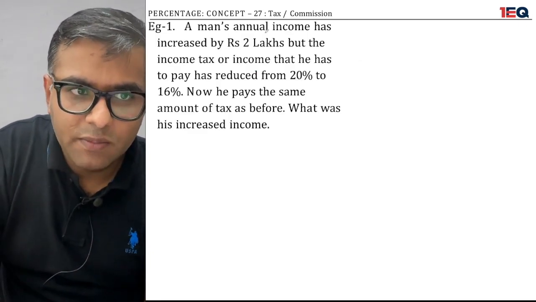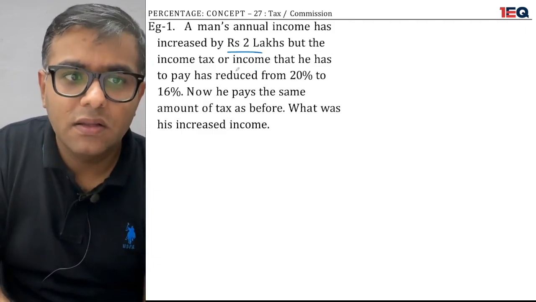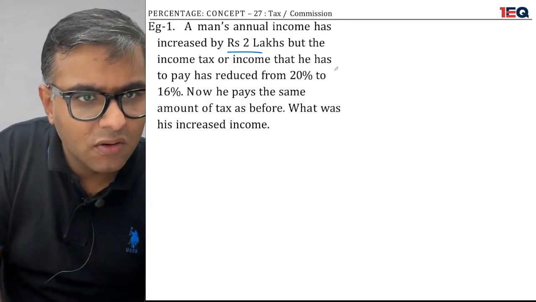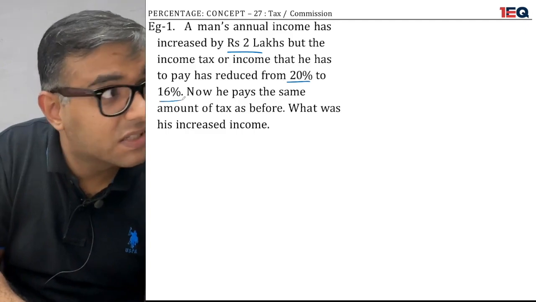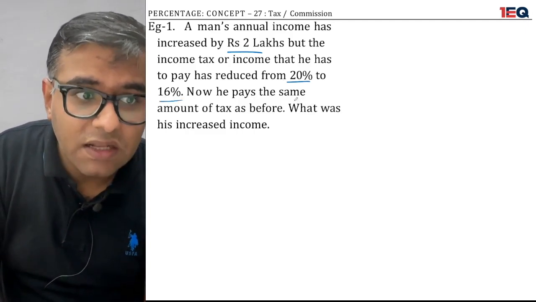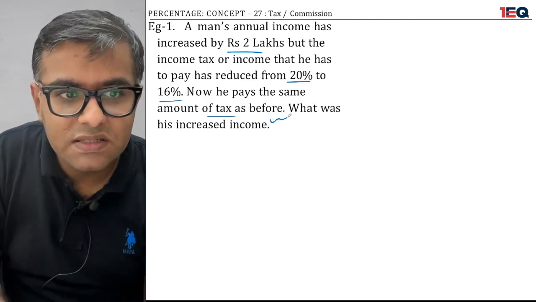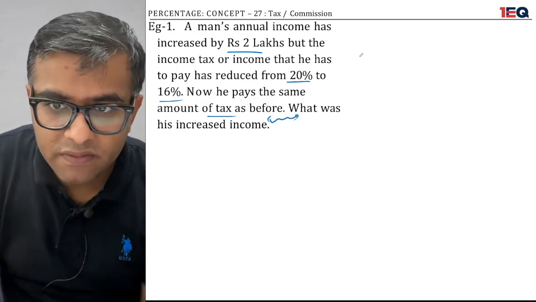Moving on, a man's annual income has increased by 2 lakh rupees, but the income tax rate he has to pay has reduced from 20% to 16%, and he is paying the same tax as before. So what is his increased income? I'm using the same concept which I taught you in the previous slide.